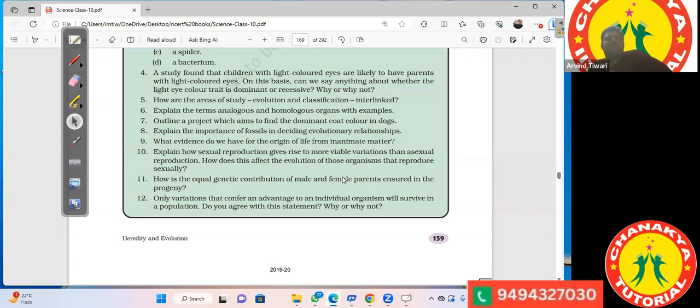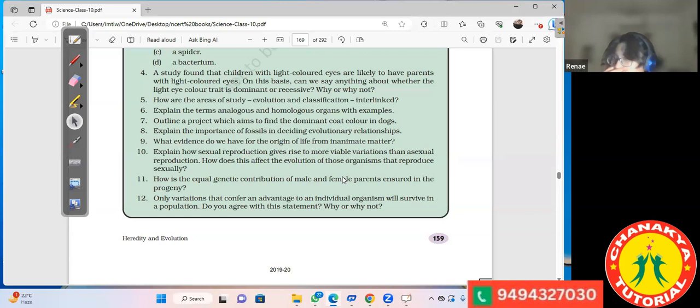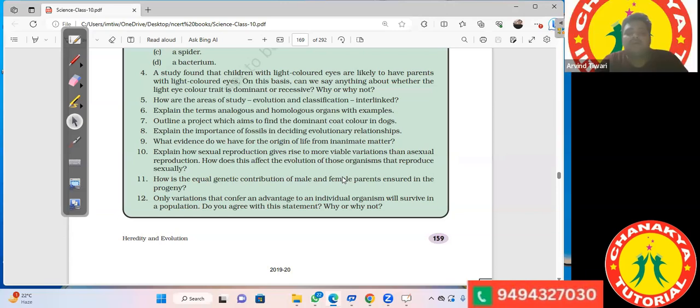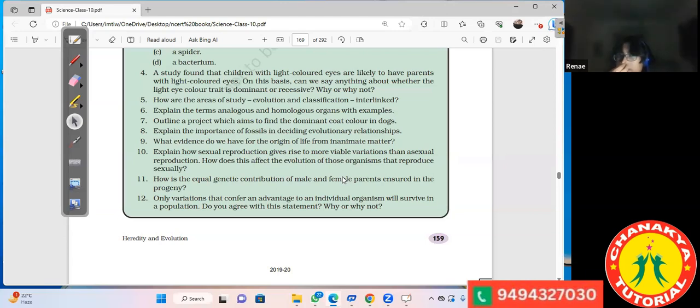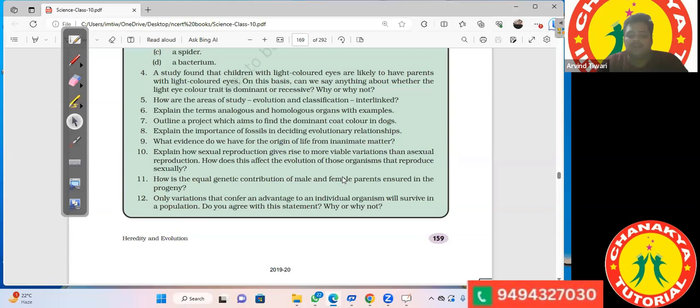On this basis, can we say anything about whether it is dominant or recessive? Yes, sir. What can we say about this? We could say that the eye color trait is dominant.